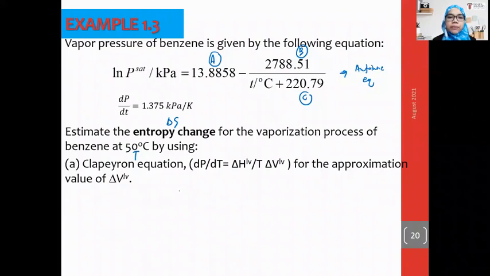The Clapeyron equation: dP over dT equals delta H, or latent heat of vaporization, over T delta V. This is the given equation from the Clapeyron equation. We have T delta V LV for the approximation. So we have this dP.